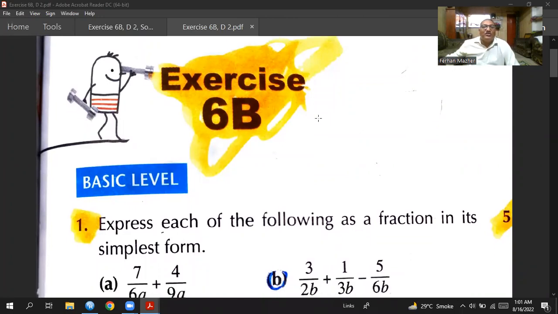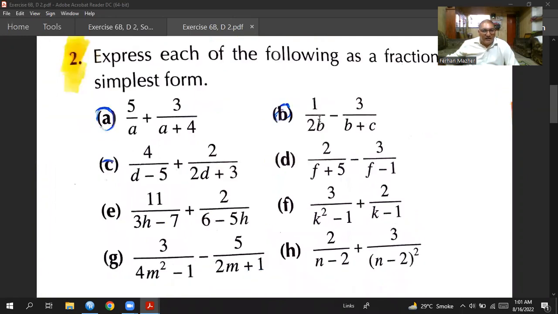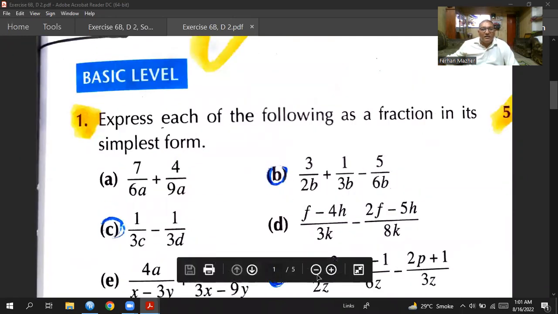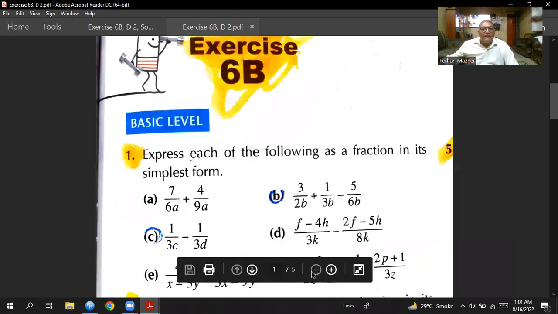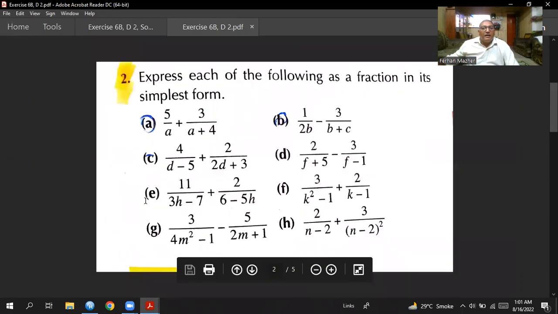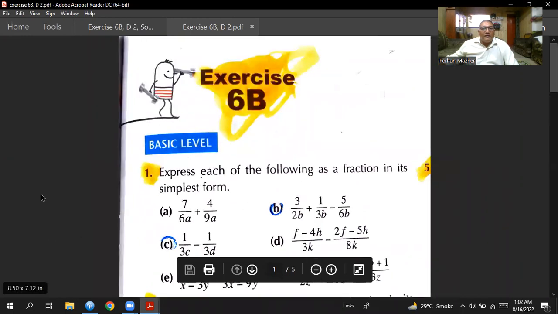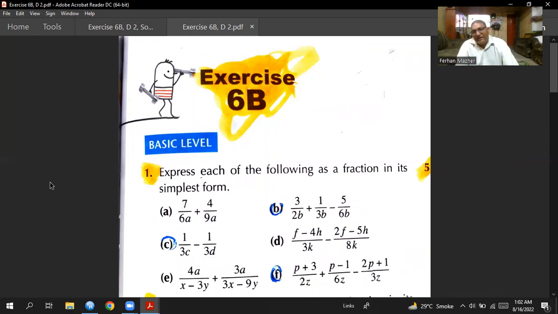The first question says, express each of the following as a fraction in its simplest form. So question number one, A part: 7 divided by 6a plus 4 divided by 9a.